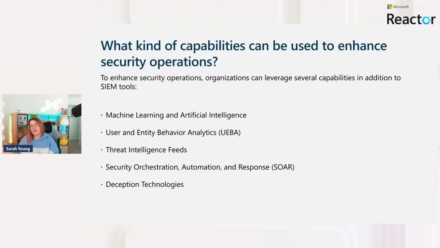There are other things that we can put into security operations as well. I've already mentioned some of these, but we can put in, and it's happening more and more now, machine learning and AI. We can also put in something called UEBA, which is user and entity behavior analytics. So this specifically focuses on the behavior of a user account. Now, we talked about this a little bit in data security and insider risk, although it's not quite the same thing. So essentially what you're doing is looking, again, for patterns of behavior and things that are unusual.